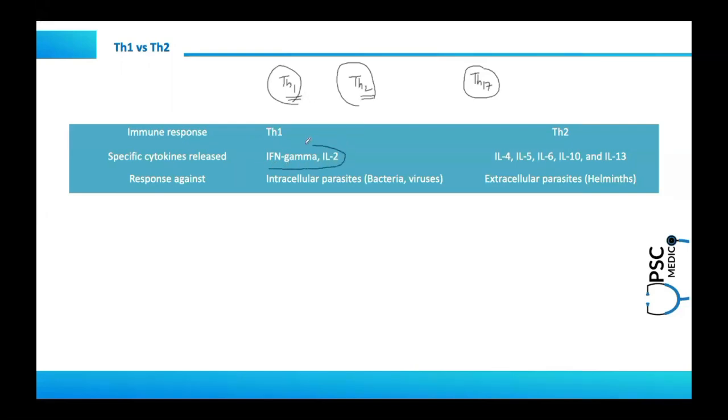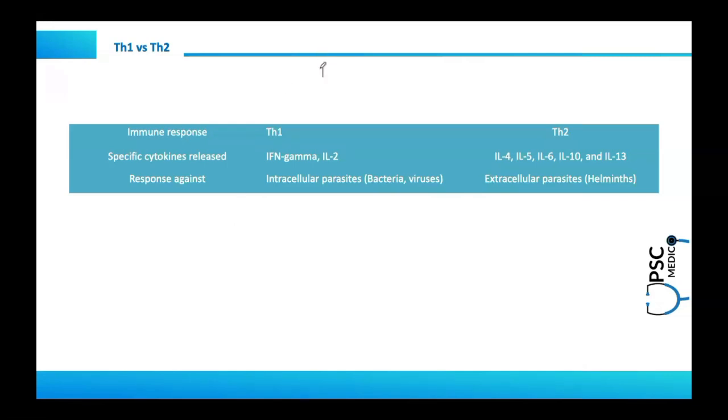But T helper 1 and T helper 2 are differentiated based on the cytokines which are released. If the cytokines released are interleukin 2 and interferon gamma, the response helps in combating intracellular parasites. But if the cytokines released are 4, 5, 6, 10, and 13, then the response is predominantly against extracellular parasites or elements.